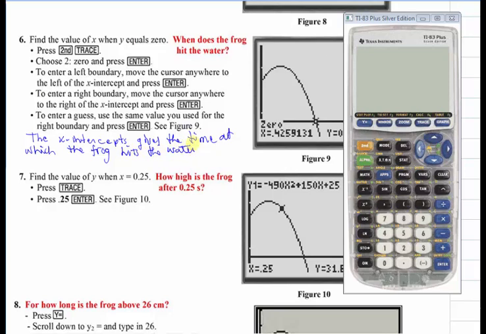Okay, and if you take a look at the graph that we have, the x-intercept is over on the right. We know that there's one to the left of the origin on our x-axis, but we don't need to concern ourselves with that because that's going to give us a negative number and we're only concerned with positive numbers.